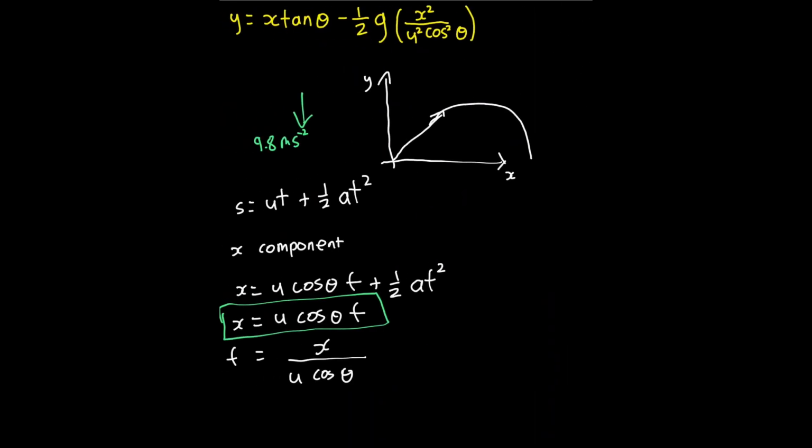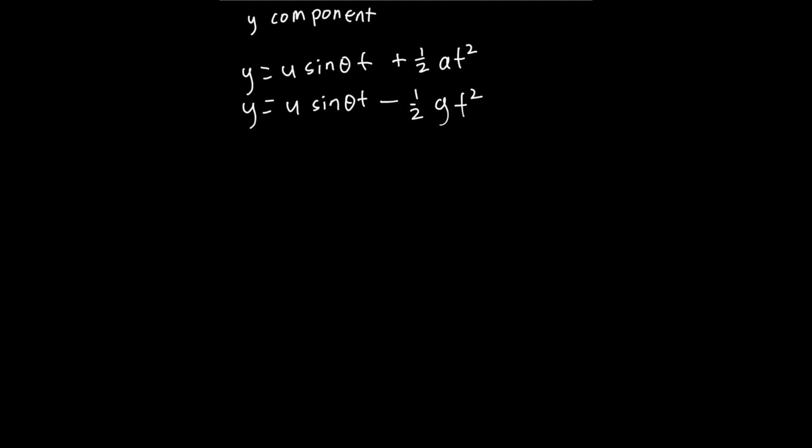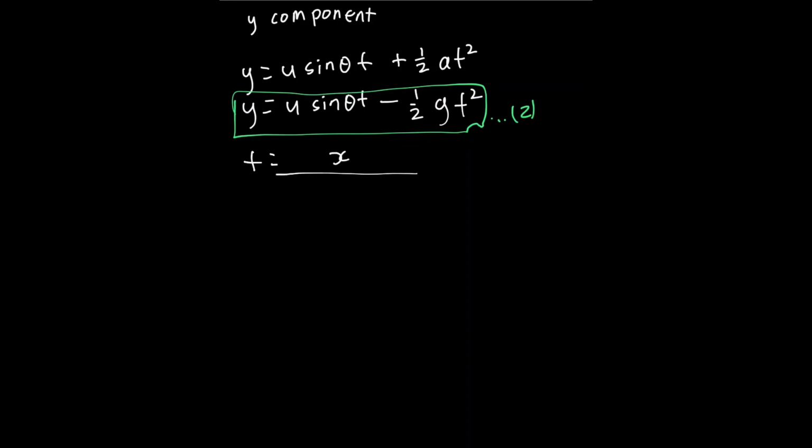And now from equation 1, our equation in the x direction, we see that t is equal to x over u cos theta. So what do we do? Well, let's call our y component equation 2. We simply substitute in that t is equal to x over u cos theta.